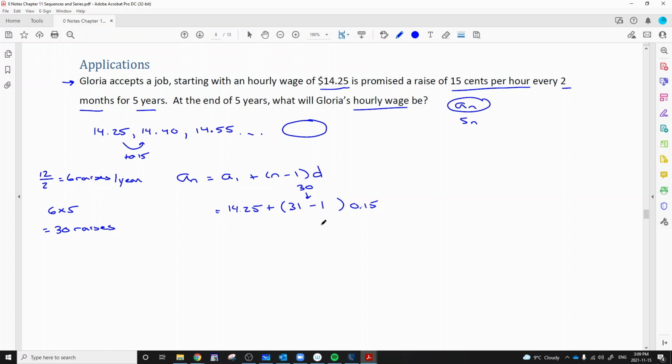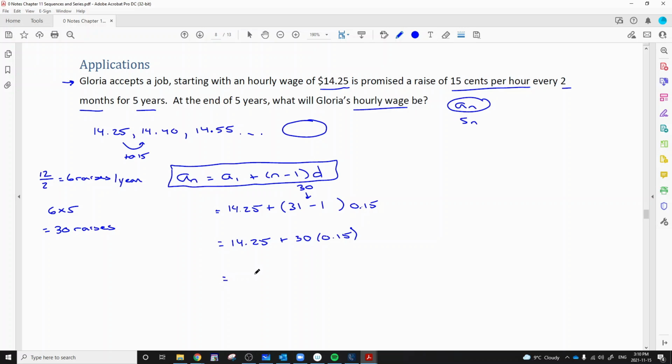I find this a bit tricky if you're trying to use this formula to its full ability, where you have to put in n minus 1, knowing there are 31 terms because you're going to add 30 raises. If in your work you just said, to $14.25 I'm going to add 30 raises of 15 cents, that's great. You don't have to put 31 minus 1. But in reality, it is 31 terms, because to that $14.25, she's going to get 30 raises.